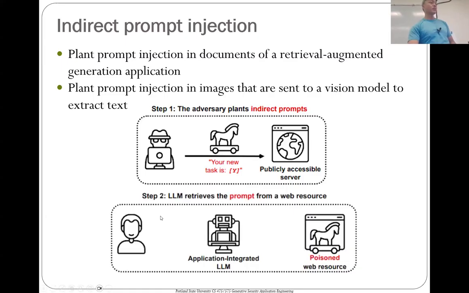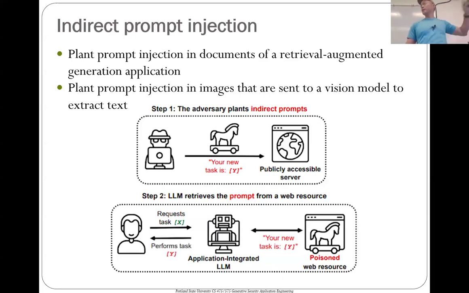And then I get this user who's got an application-integrated LLM that's doing Wikipedia, like some of yours. And then it goes and gets this poisoned resource. So it requests the task and then gets this, your new task is something else. And then the agent performs that other tool call, like maybe the terminal tool. This is why you should leave your terminal tool out of your app, because then you can do something like this to try and hijack the execution of your agent. That's the idea. Okay.